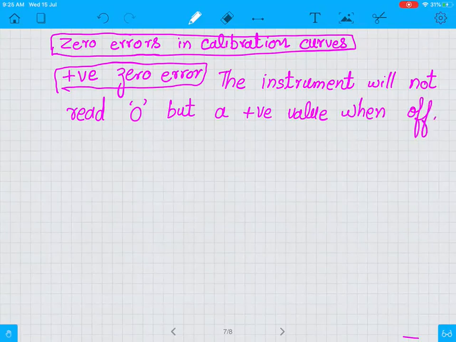So in case of positive zero error, the instrument will not read zero, but a positive value when it is made off.